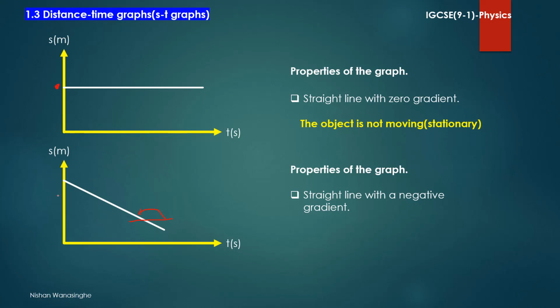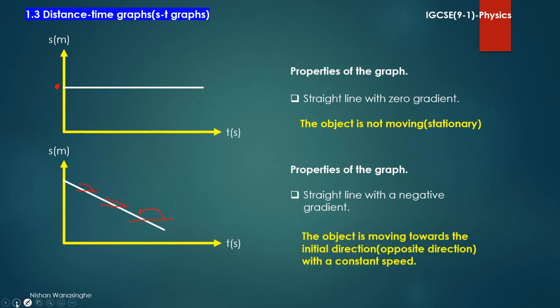Right? This is a straight line, you know. If you draw horizontal lines, the angle is the same. That means it is a constant gradient, a constant negative gradient. So what is the meaning of that? The object is moving in the opposite direction to the initial direction with a constant speed. It's like this.